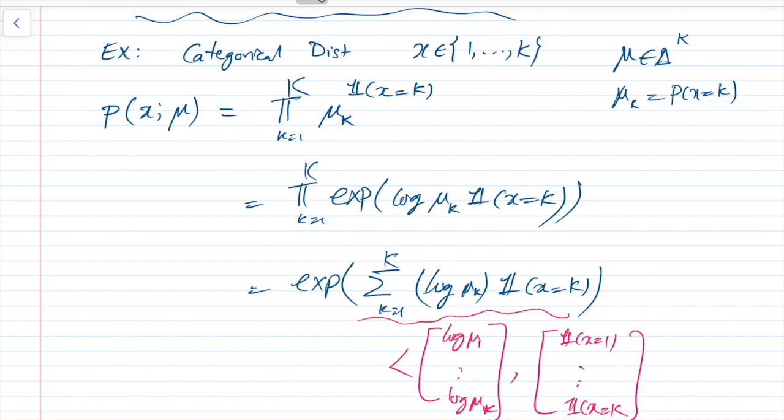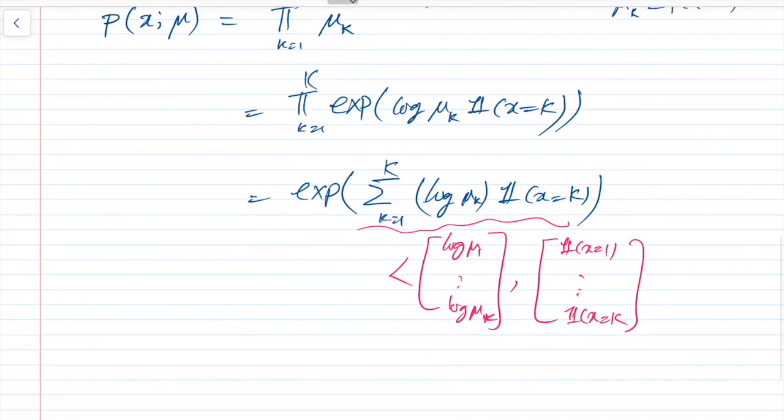Okay, so you have to say that the number of parameters is k minus 1, otherwise the derivative of the partition function will not work. So let's do that. Let's do exponents of k till k minus 1.